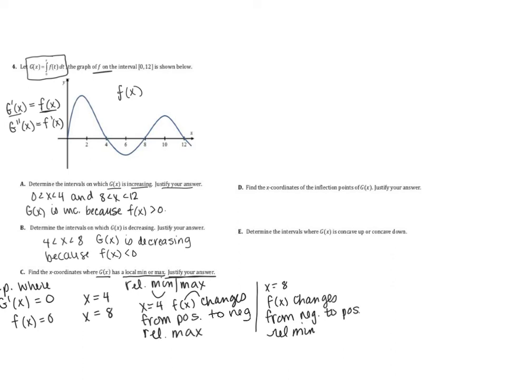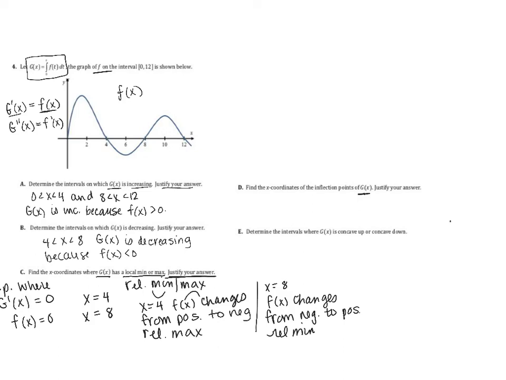All right, now let's go look at part D. And in part D, we are asked to find the x-coordinates where we have a point of inflection. So that point of inflection, that's going to be where we kind of have those turns, but now it's a point of inflection on g of x.